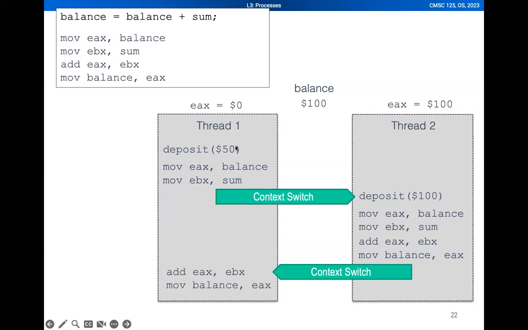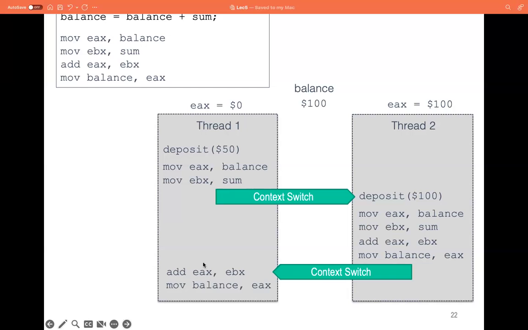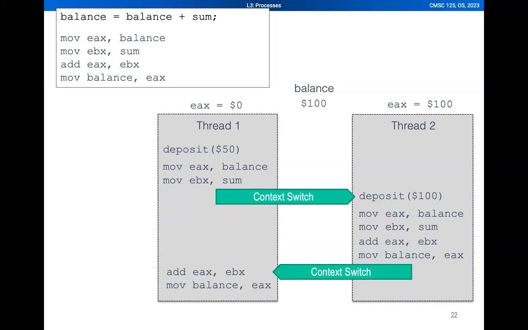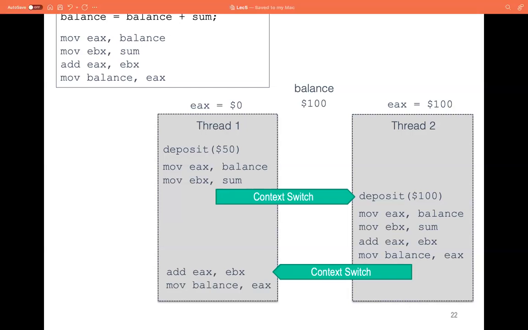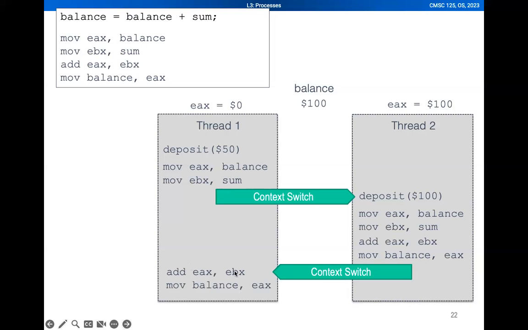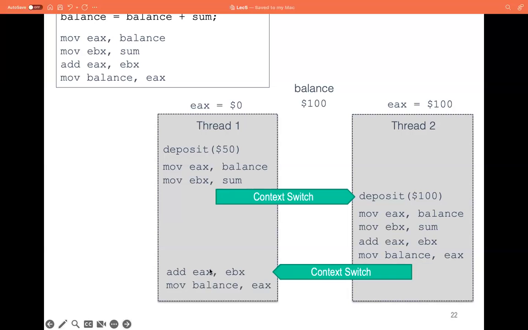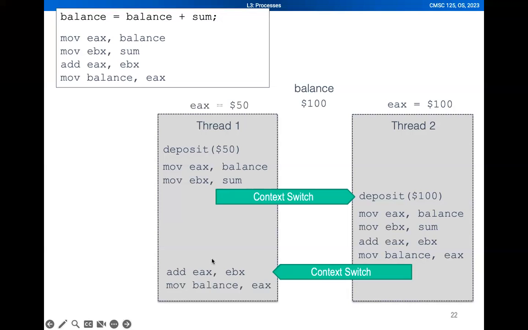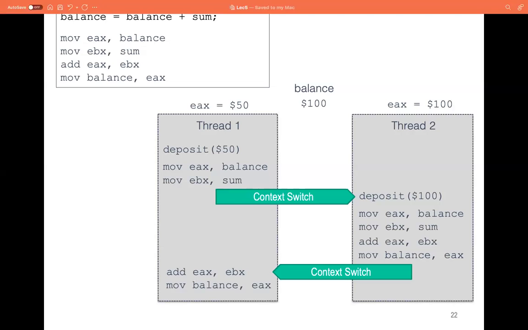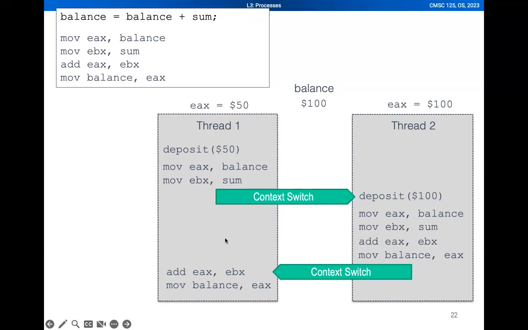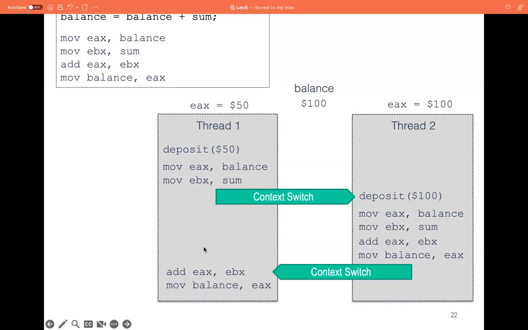So thread 1 will continue its execution. And we go back, we add EAX and EBX. In this case, they have separate registers, right? So EAX will be equal to $50, since we have a sum equal to 50 plus 0, and then we move EAX to balance.